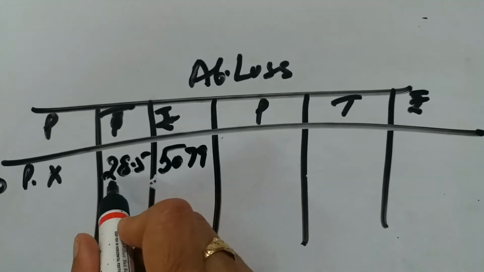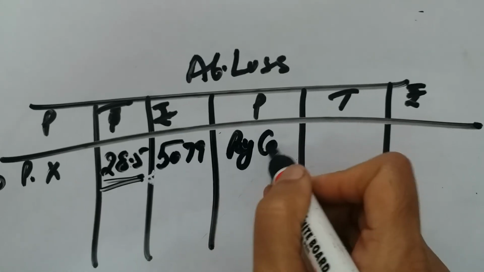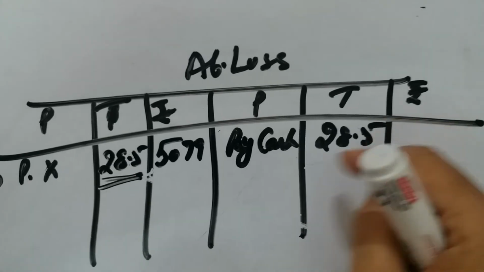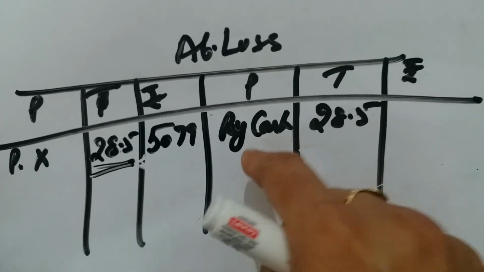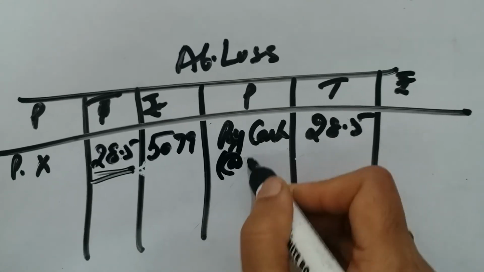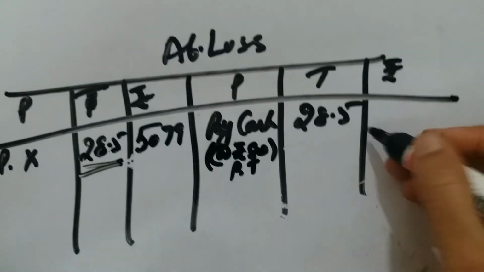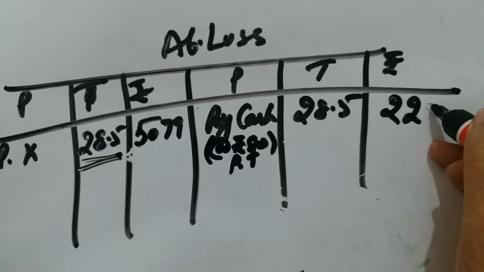Now remember, this is to be sold as scrap, so by cash. So 28.5, and what is the value? The realizable value, whichever is given in the question for the sale of scrap, that is 80. So at the rate of rupees 80 per ton, you can write it over here. So into 80, you will be doing, so how much?